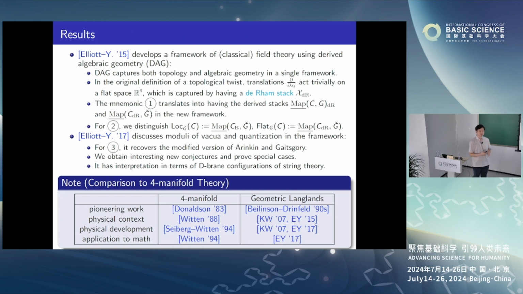It's a topological version thereof. So we needed to find the physical context, or rather a new framework to accommodate such a thing, and then needed to develop some more of the physics, which is about this moduli of vacua. And then using that, we were able to find some new mathematical results as well.